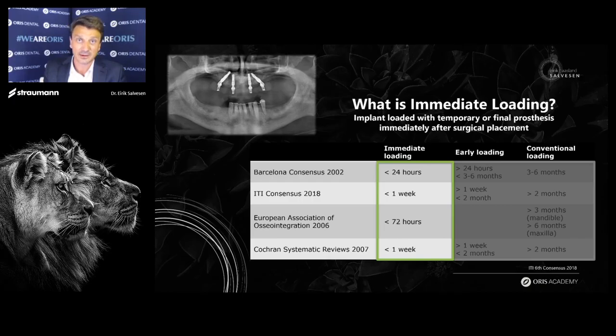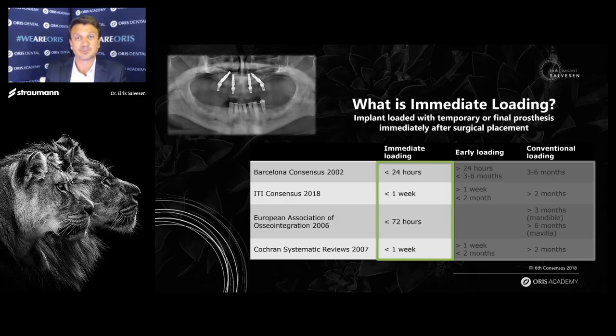The recent consensus that came out of ITI in 2018 said that it was within a week. That's more for technical reasons, because it's not always easy to fabricate a temporary or permanent restoration chairside, or even on short notice with a dental technician. So within a week is now accepted as one of the immediate loading time frames within the definition.